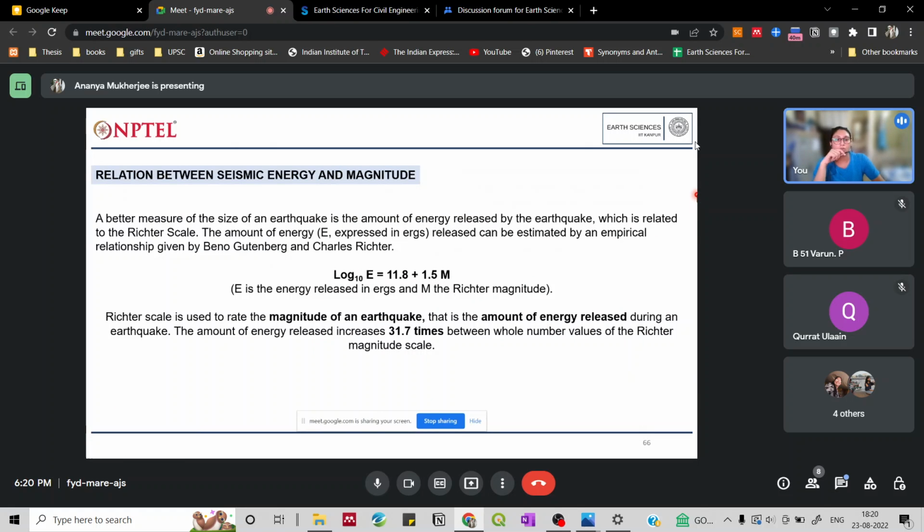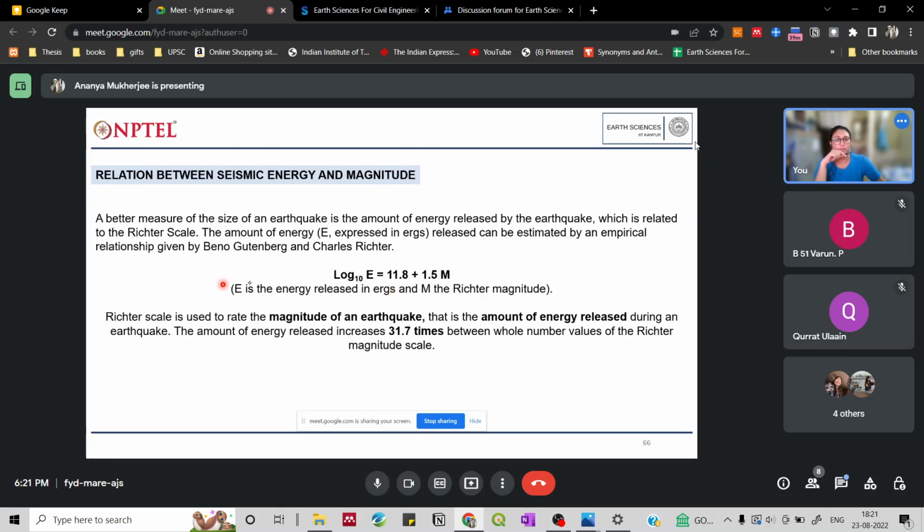Now we can get an idea about the size of the earthquake from the seismic moment and the moment magnitude scale. And now we want to know how much energy was released from that same earthquake. So another relation was established which links the magnitude, Richter magnitude meaning moment magnitude, and the energy that is released. You can see that it is a logarithmic relation.